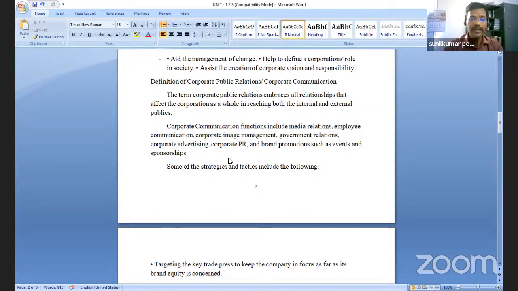What kind of relations are required? For example, a company has to establish a new branch or a new plant. They need permissions from the government, some municipal corporations, the industries department of the state government, or the central government.